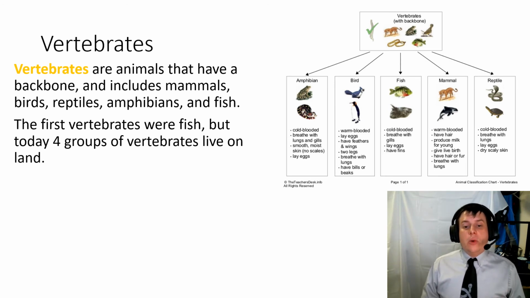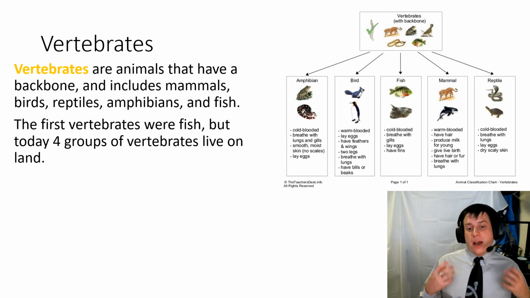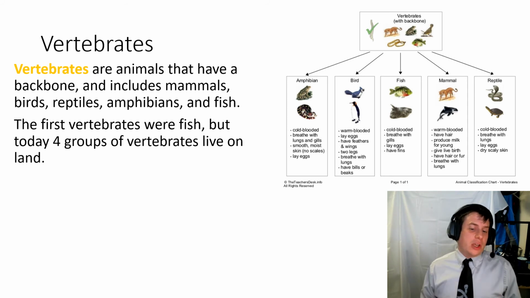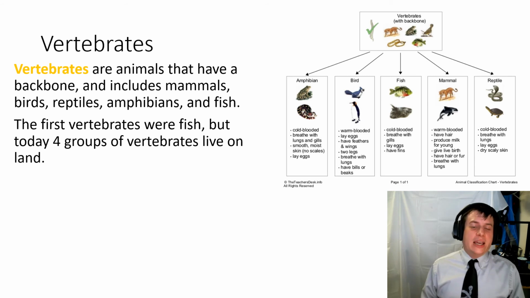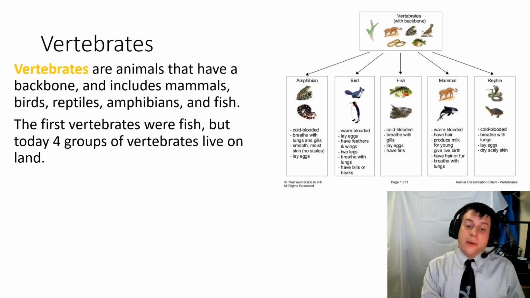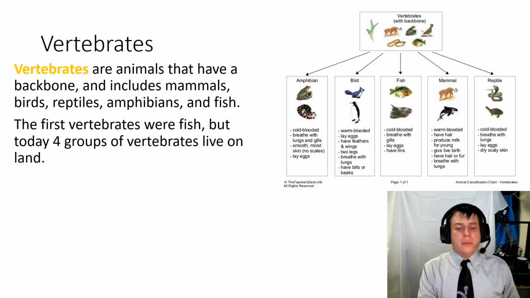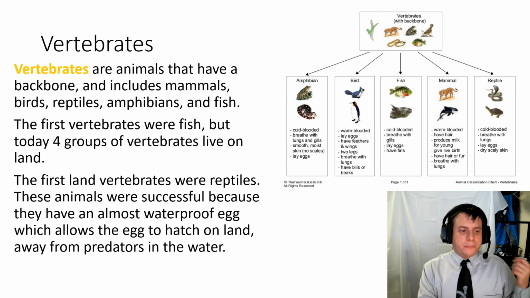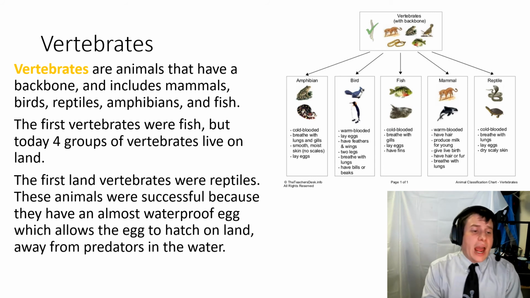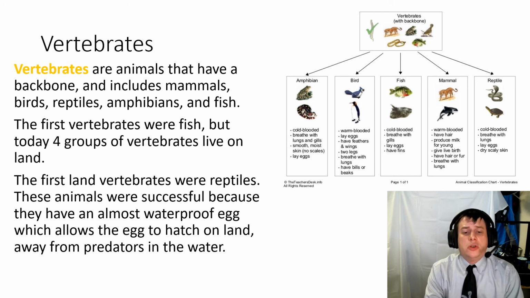And then lastly, you have reptiles. Reptiles lay eggs. They usually have dry skin, often covered in scales. Some of them do live in the water, but many of them do actually live on land, and most reptiles are actually pretty well adapted for living on land. The first land vertebrates were actually reptiles. They were successful because they were the first organisms to develop a waterproof egg.